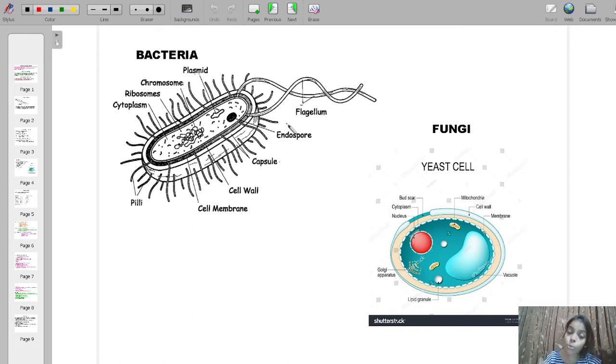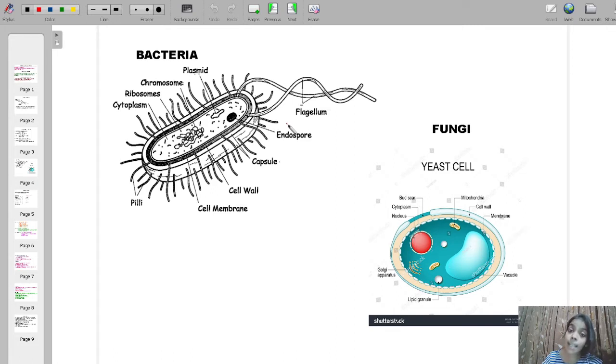And around the mass, it secretes a 3-layered wall. When it assumes such a structure, it is called endospore. So endospore is basically a method to protect the bacterial cell from adverse environmental conditions.